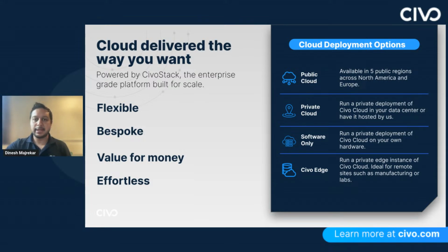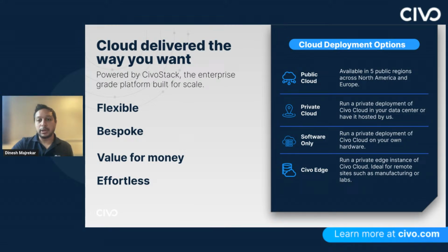If you have an existing hardware investment and you have a few more years to run of that, you can get the software-only stack, where we will install all of the capabilities we've showed today onto that hardware, allowing you to migrate from VMware onto that hardware empowered by Civo.